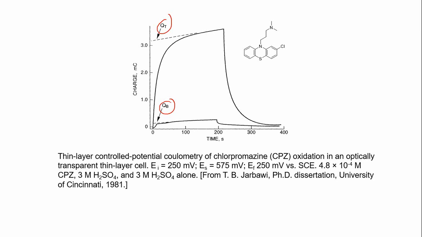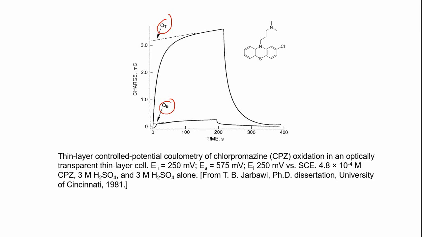Now if we have ideal conditions, then the charge consumed by the double layer capacitance and adsorbed reactant will follow the same time course as discussed for the coulometry earlier in the previous lectures. It will not be different, but obviously if it is not an ideal situation, then it will not happen.